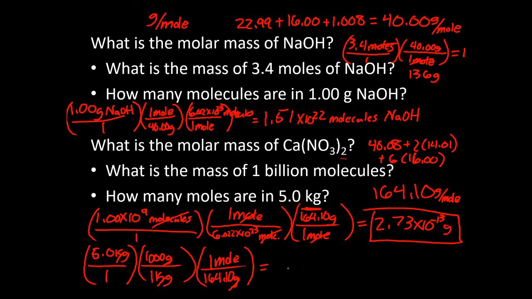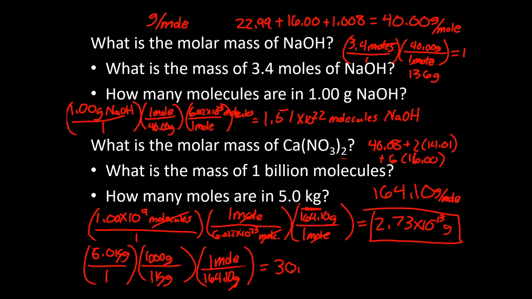And if I do that math, so I have 5 times 1,000, which is just going to be 5,000, divided by 164.1. So that is 30 point, let's see, I only get 2 sig figs.